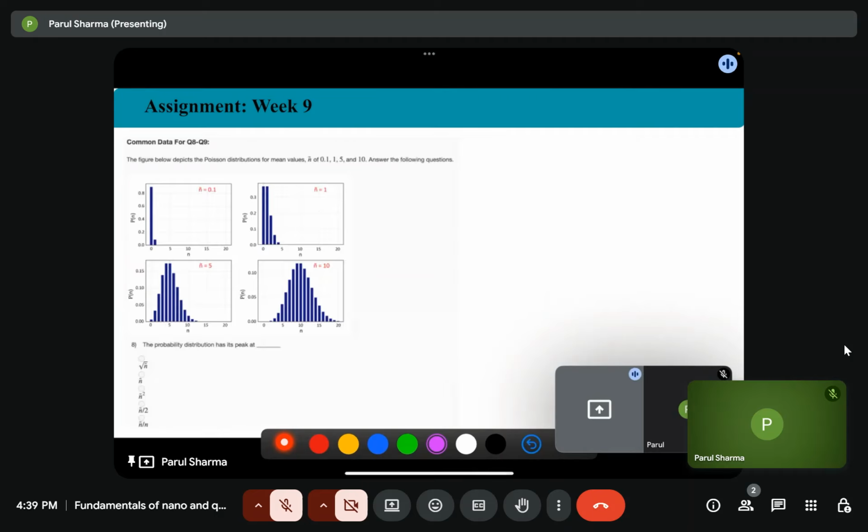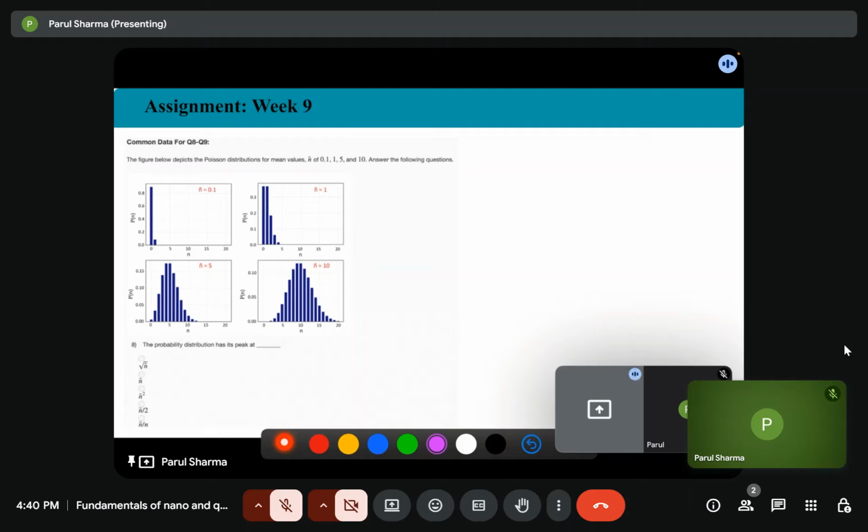Next question. The figure below depicts the Poisson distribution for mean values N bar of 1, 5, and 10, and we have to answer the following question. So in the first graph, N bar is equal to 0.1.